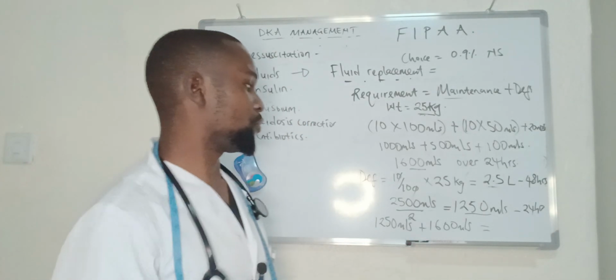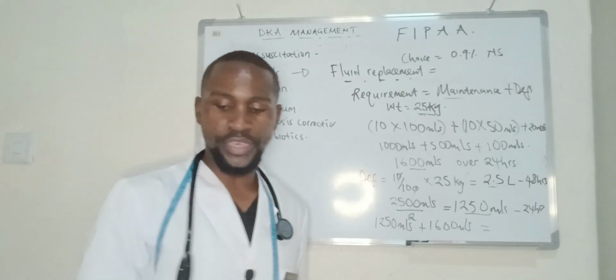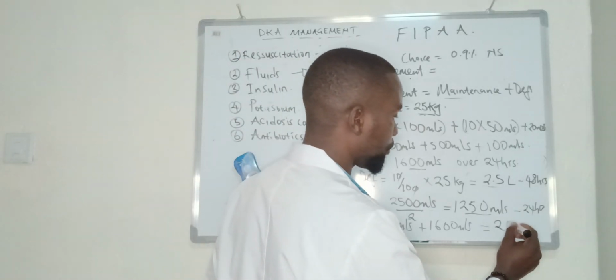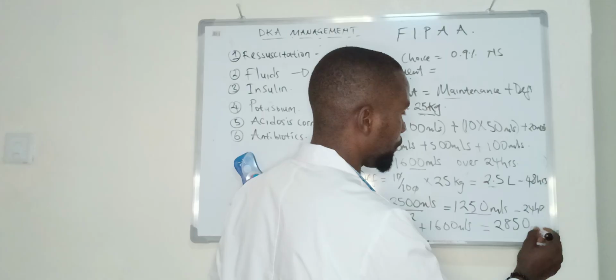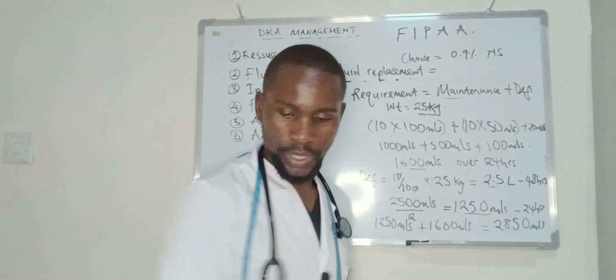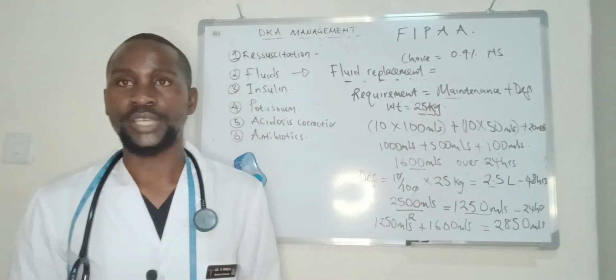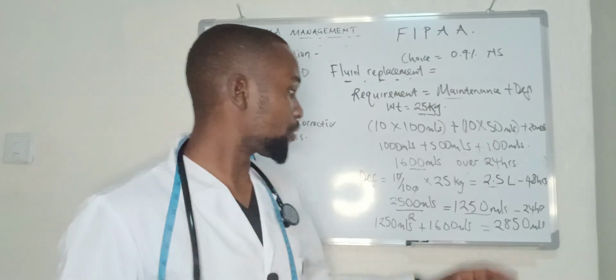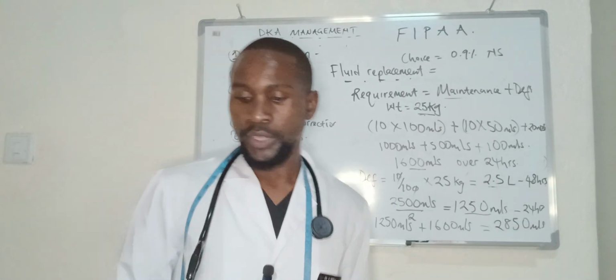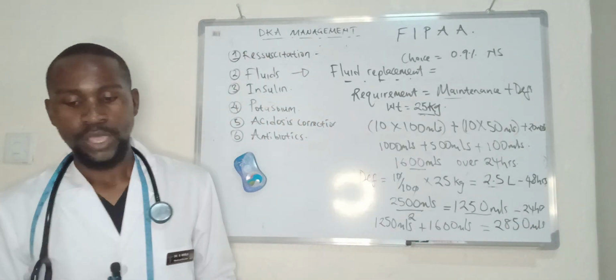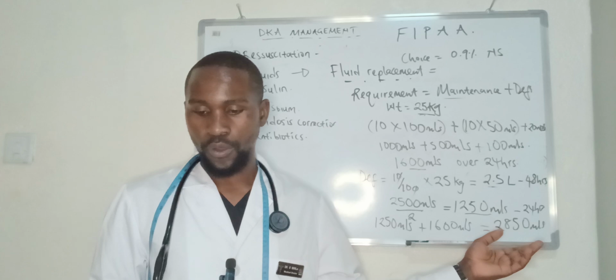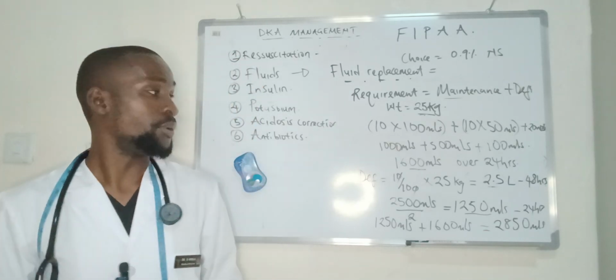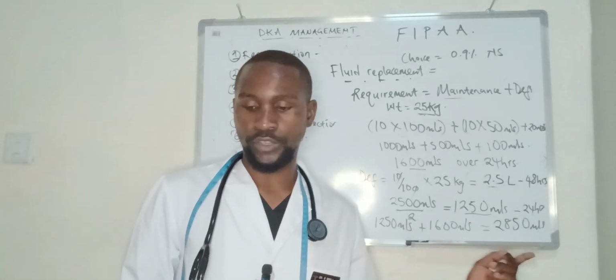When you add this, you find somewhere 2,850 mils. Now this 2,850 mils is the total amount of fluids that you are going to give in 24 hours.